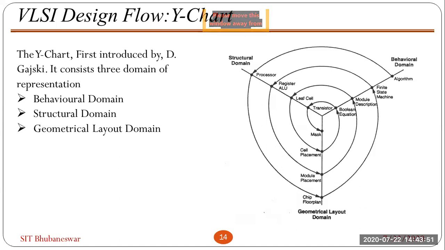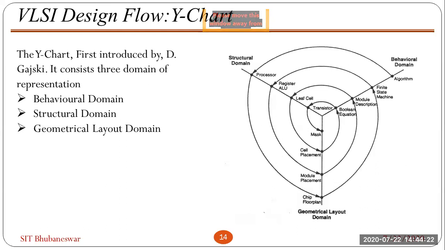The next level is the finite state machine in the behavioral domain. In the behavioral domain, you can describe all these things in languages, models, or codings. At the top level it's the algorithm. At the block level it's finite state machines, meaning combinational cells and sequential cells that interconnect. Then at the next level, the module description.